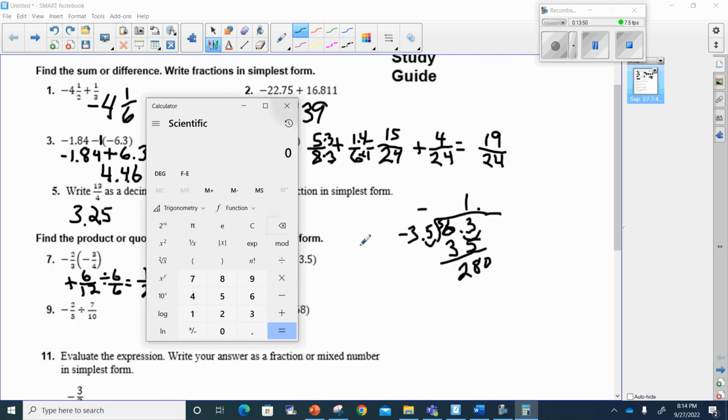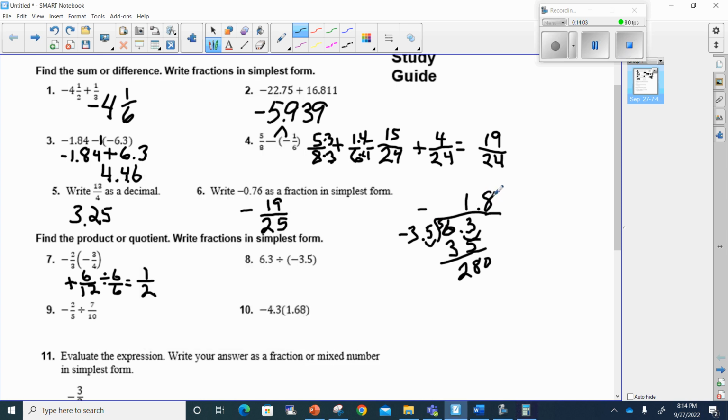Is 280 divisible by 35? Look at that, 8. So that's going to be 1.8, negative 1.8.